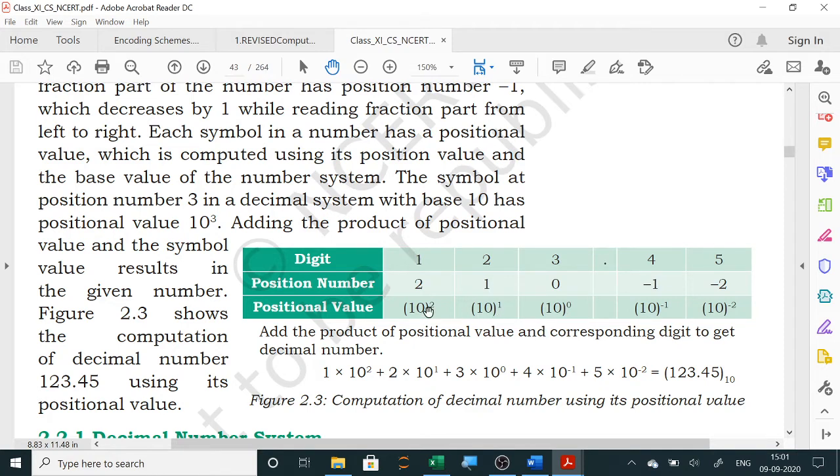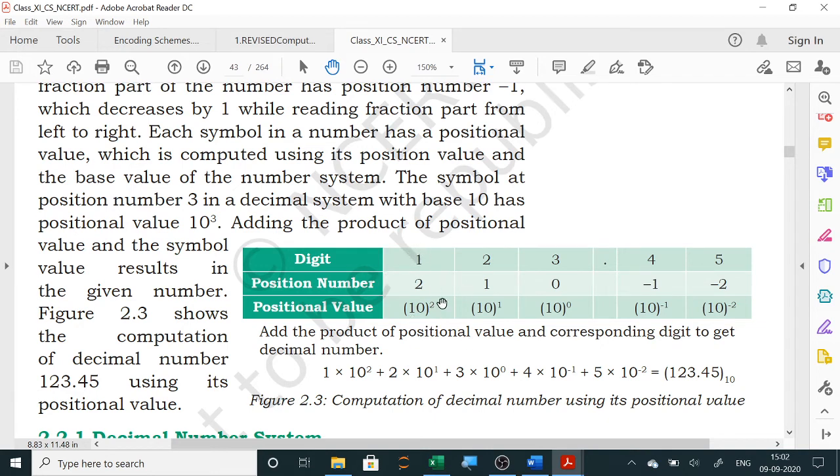And if it is an octal number it will be 8 to the power 0, 8 to the power 1 and so on. If it is a binary number we will write 2 to the power 0, 2 to the power 1, 2 to the power 2 and so on.